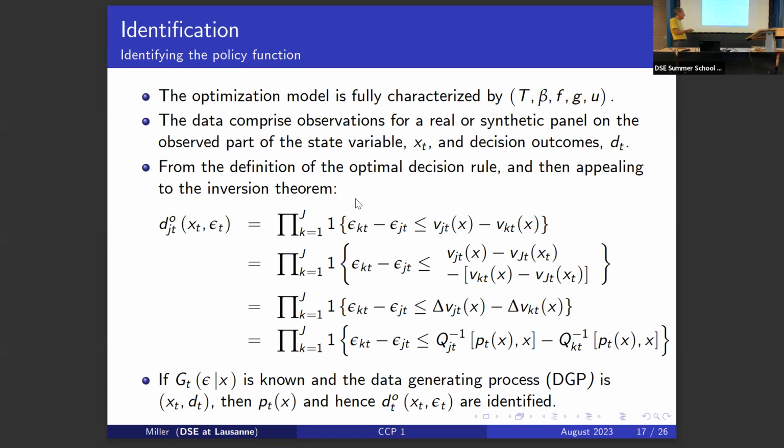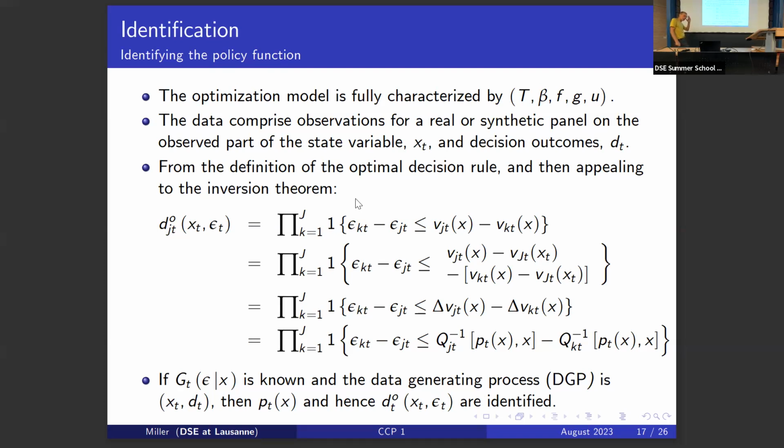And so once we've got the conditional choice probabilities, once we've got our G, that is what the optimal decision rule is. Notice the optimal decision rule depends on the state variables and the epsilons that you draw.